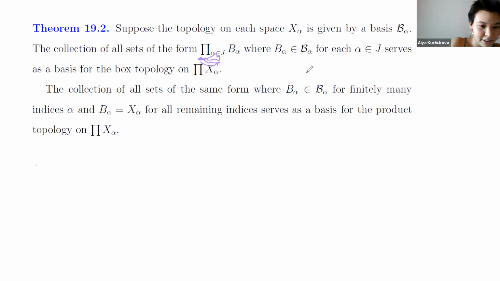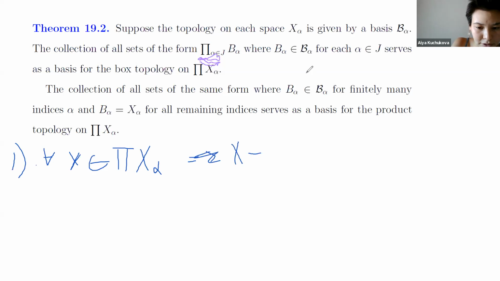So I guess we can try doing this: we want to cover any x in the product topology of X alpha, right? We can write x equals x1, x2, and so on.